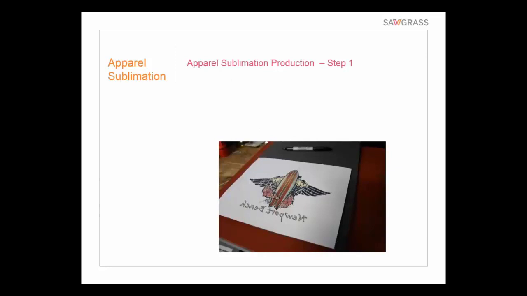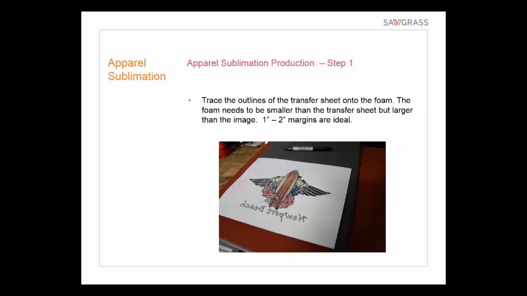All right, here's how it works. The first thing we want to do is cut the foam down to the right size. The foam needs to be larger than the image, smaller than the paper. Very simple, larger than the image, smaller than the paper. So what I've done here is I've just used a Sharpie and traced the edges of the paper so I can see the size of the paper, and then I need to make it smaller than the actual size of the paper.